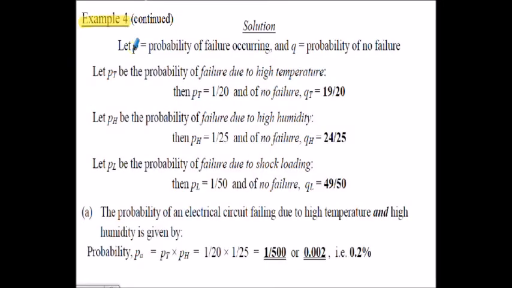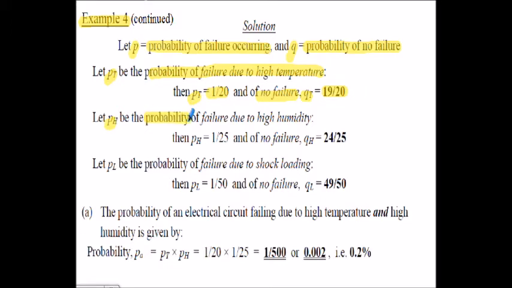Example 4 continued. Let little p be the probability of failure of an electrical circuit and little q be the probability of no failure of an electrical circuit. So looking at our context of high temperature, high humidity and shock loading, PT is the probability of failure due to high temperature. From the previous slide, PT is 1 upon 20. So the probability of no failure due to high temperature, QT, is 19 upon 20.